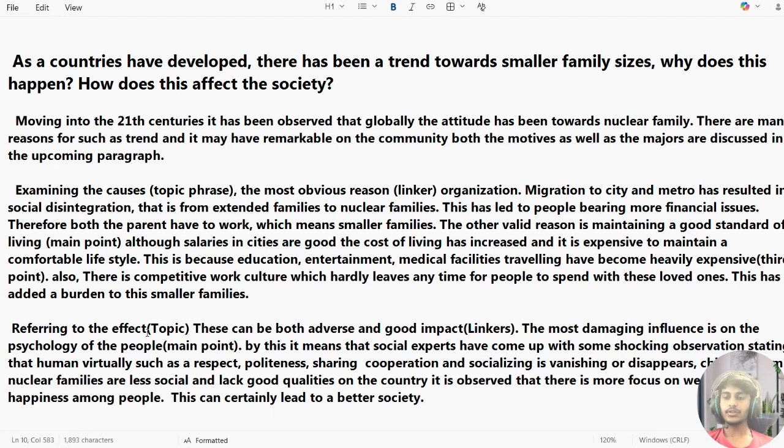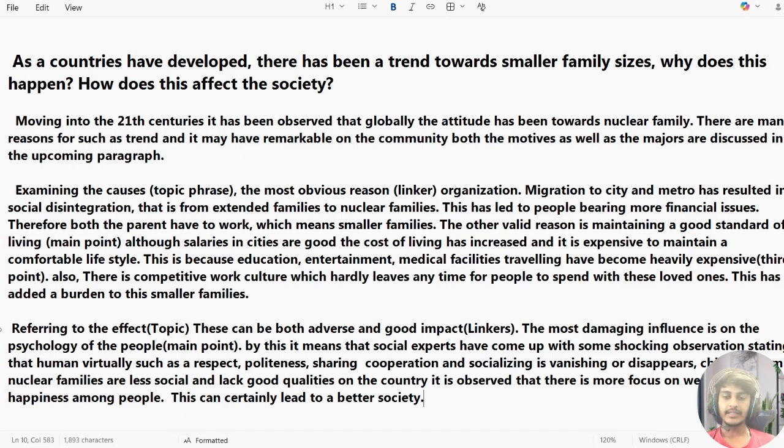So, referring to the effect, it is a topic. This can be both adverse and good impact, like linkers. The most damaging influence is on the psychology of the people.